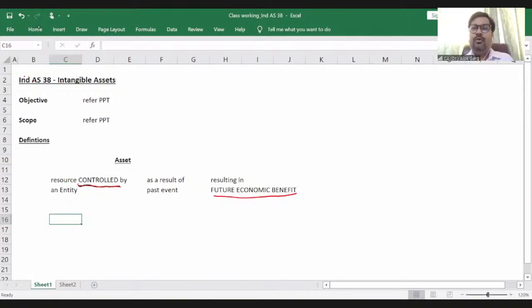But how can you do so in case of an intangible asset? For example, I am the author of a book, right? So I will have a copyright on that particular publication. By having the copyright, by getting it registered with the authorities, I will have a copyright on that particular manuscript, right?